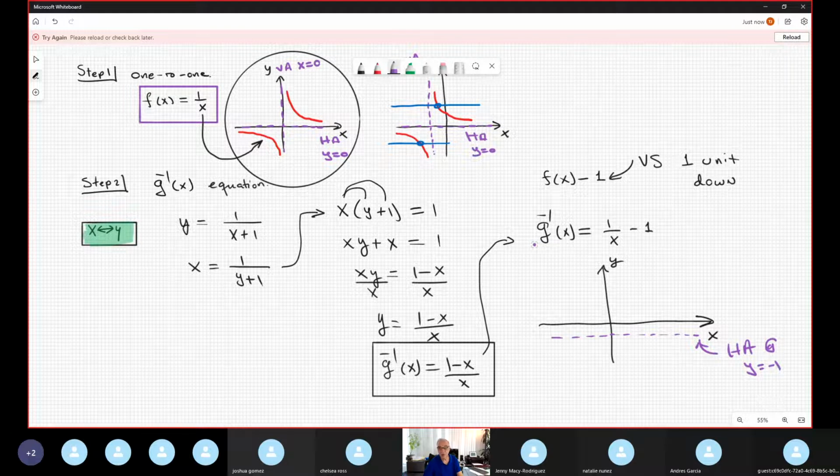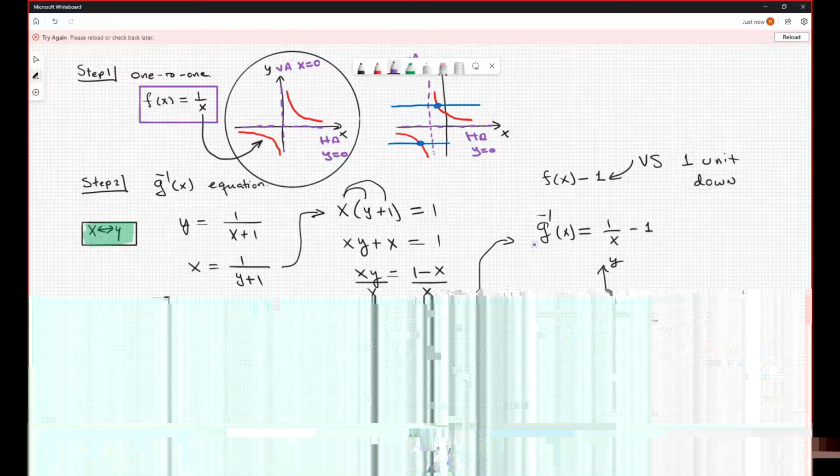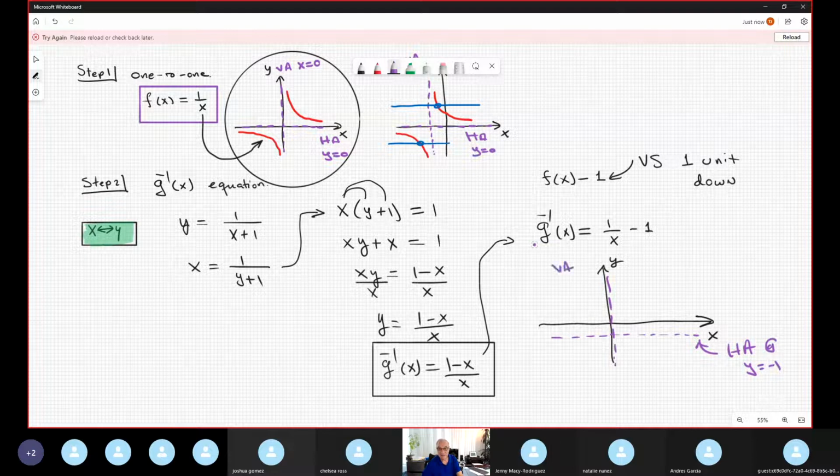The vertical asymptote stays the same at 0, because the motion in this case was vertical, down. Now my graph looks a little bit like that. Of course, the x intercept and the y intercept change, maybe, but it's not important for me.